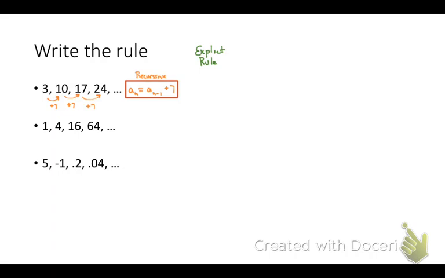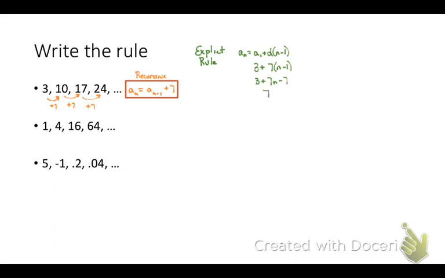Remember, for an explicit rule of arithmetic, arithmetic just because we're adding the same number constantly, we had a sub n equal to the first term plus d times n minus 1. So our first term was 3. Our common difference was 7. So I would have 3 plus 7n minus 7.